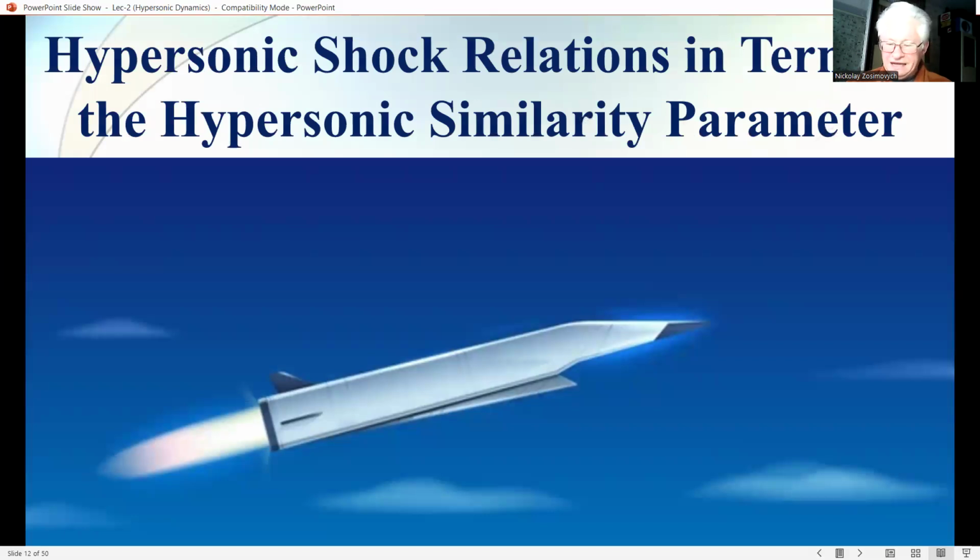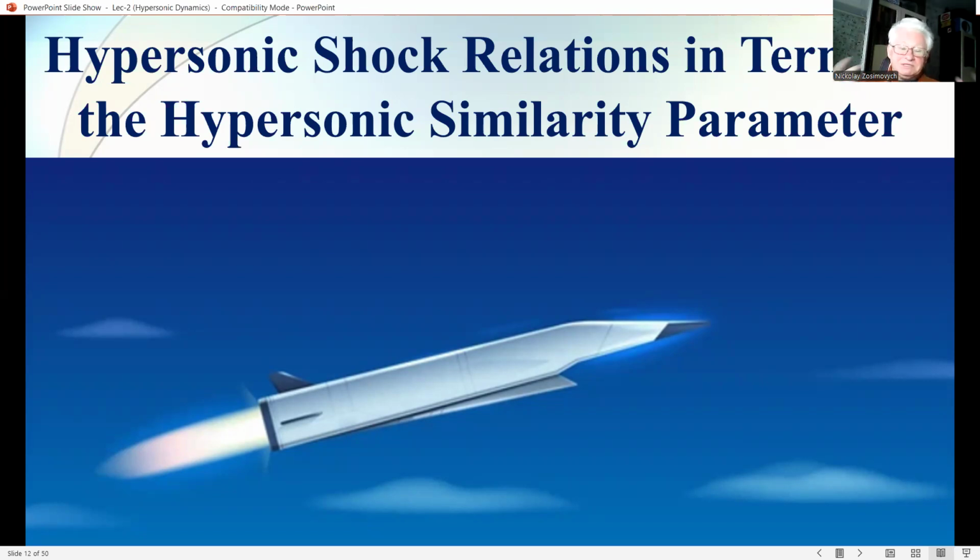So, let's start another topic of today's lecture, called hypersonic shock relations in terms of the hypersonic similarity parameter. In the study of hypersonic flow over a slender body, the product M1 and theta is an important governing parameter, where, as before, M1 is the free stream Mach number, right? And theta is the flow deflection angle. Hope you remember. Okay?